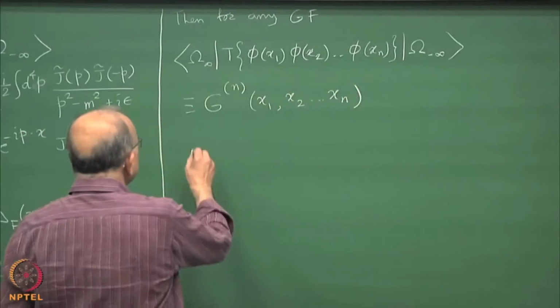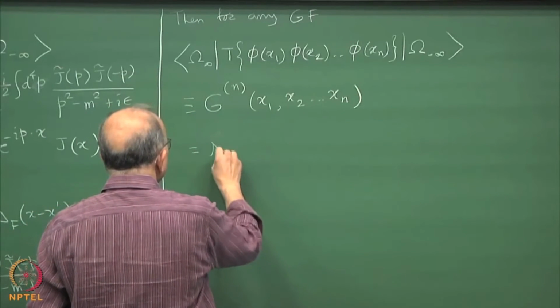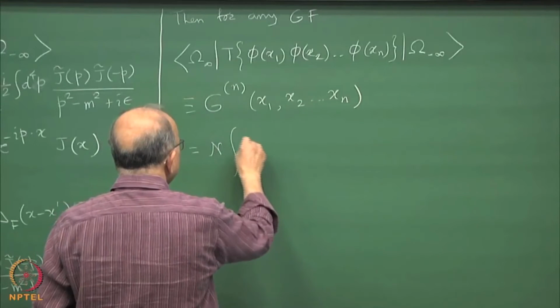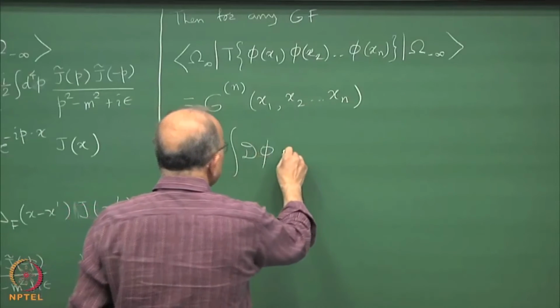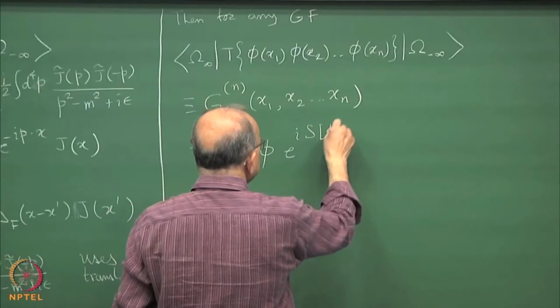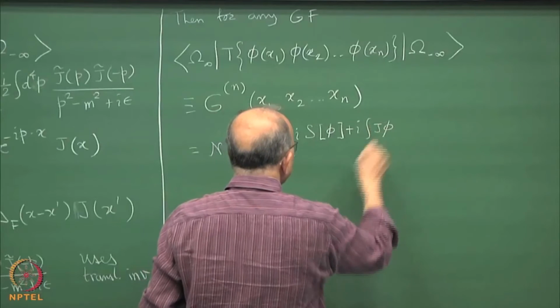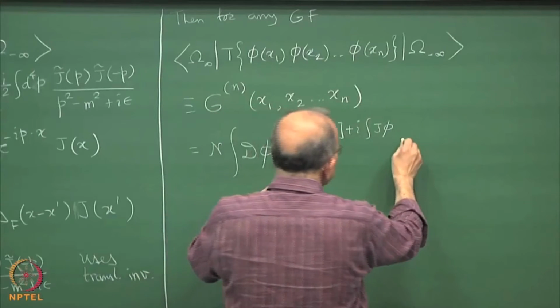now that becomes, how do you evaluate the T product of these things? Well, we know that that is equal to integral of d phi e raised to I S of phi and plus I integral J phi, and then these insertions.